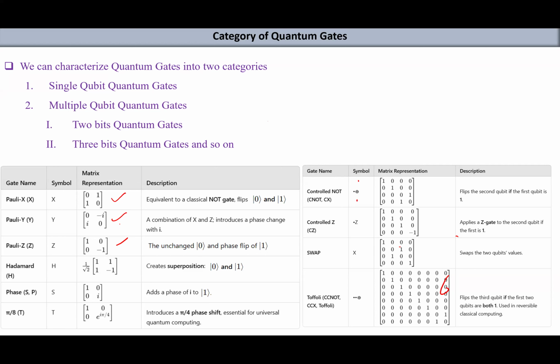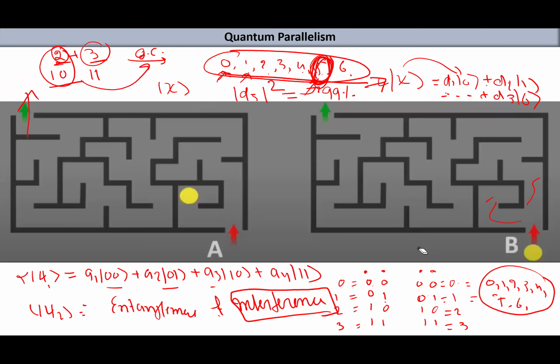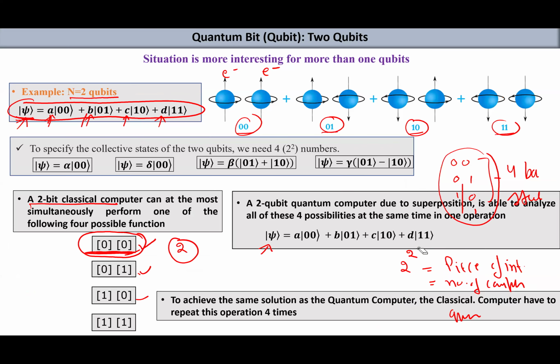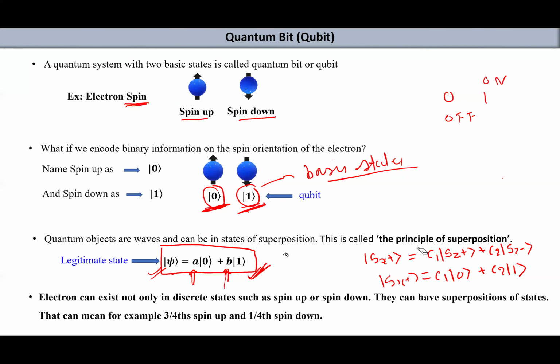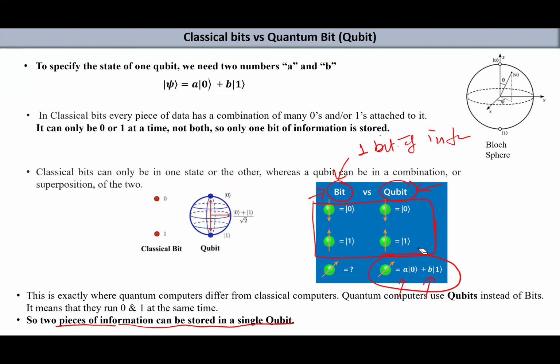Sir, I have a doubt regarding quantum, qubit and classical bit. What I get to know is that a classical bit can store 0 or 1 at a time. And a quantum bit, a qubit, we can store 0 and 1, and apart from that we can have a superposition state also.